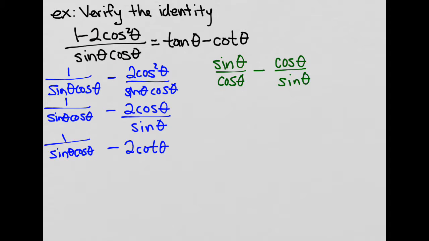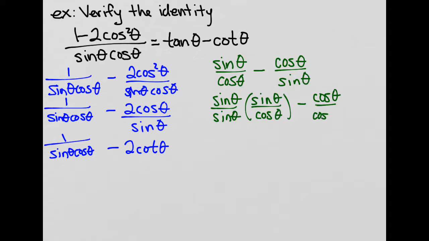So we're going to multiply the first fraction by sine over sine to give it the sine on the bottom that it's lacking. And let's multiply the second fraction by cosine over cosine to give it the denominator that it's lacking.